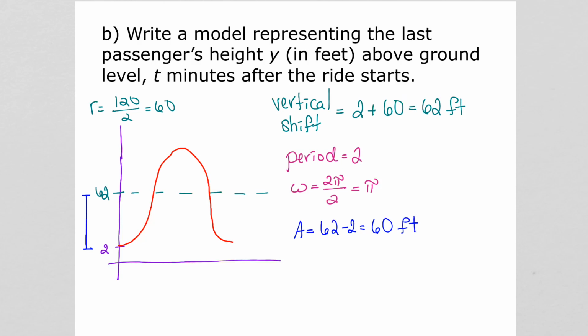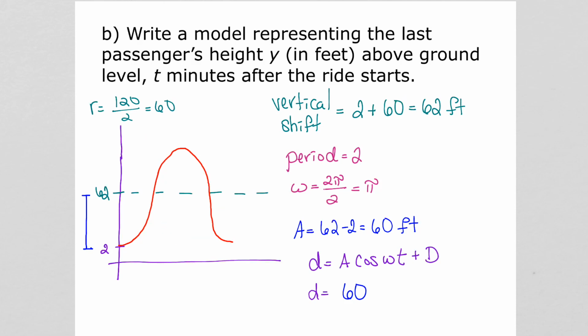So if we plug into our formula, we've got D equals A cosine of omega t plus our vertical shift. Then we've got the amplitude we said was 60. But normally cosine starts up here and goes down.